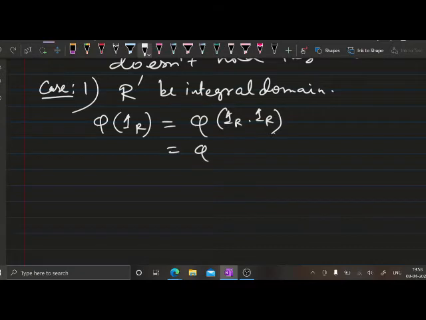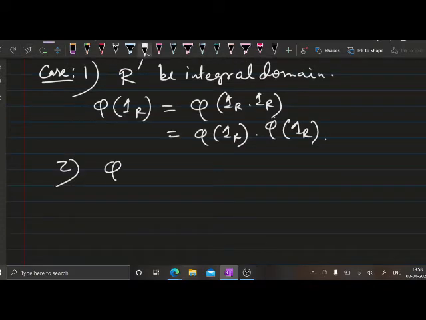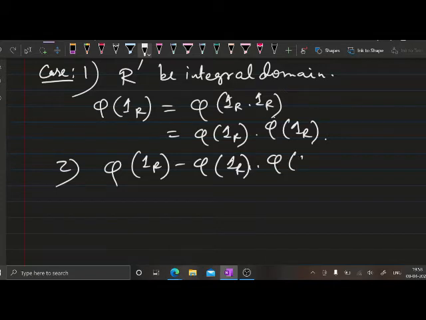Then it is phi of 1R dot phi of 1R, as phi is a ring homomorphism. So that means it is phi of 1R minus phi of 1R dot phi of 1R. So this is going to be 0.